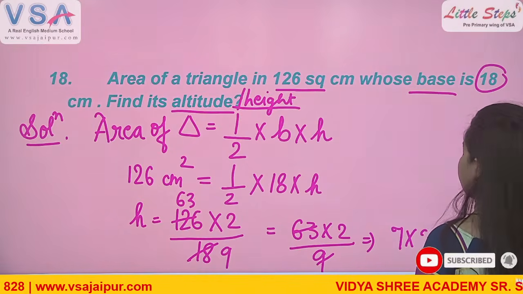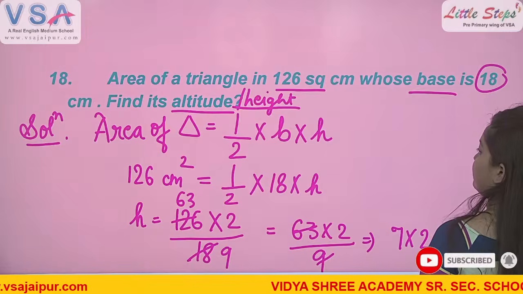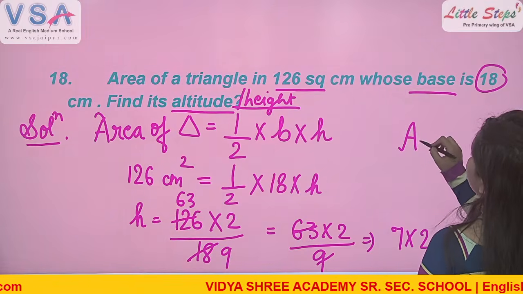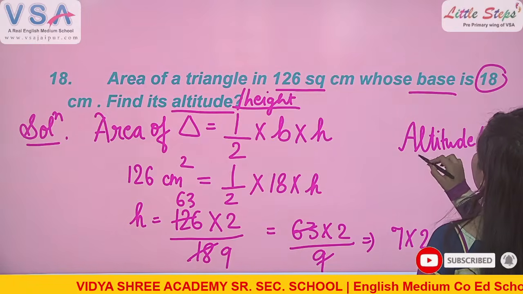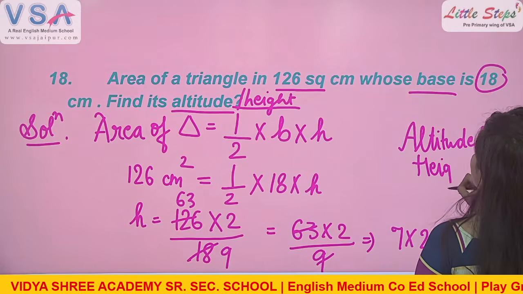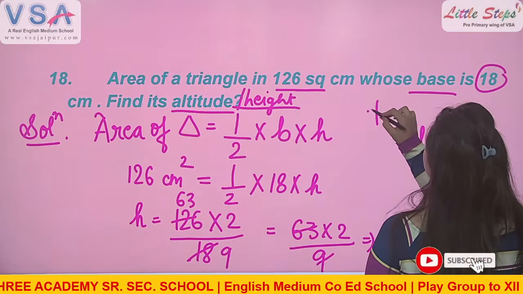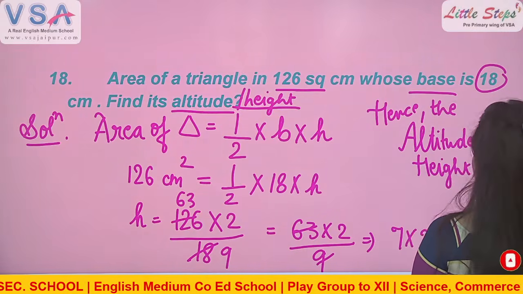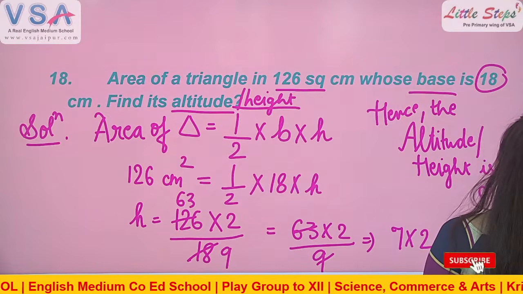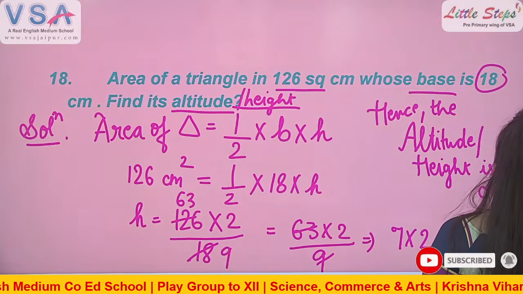Then we have 7 into 2. That is 14 centimeter. Altitude, the question is asking, or the height. Both are same. Hence, the altitude height is 14 centimeter. Answer. Clear?